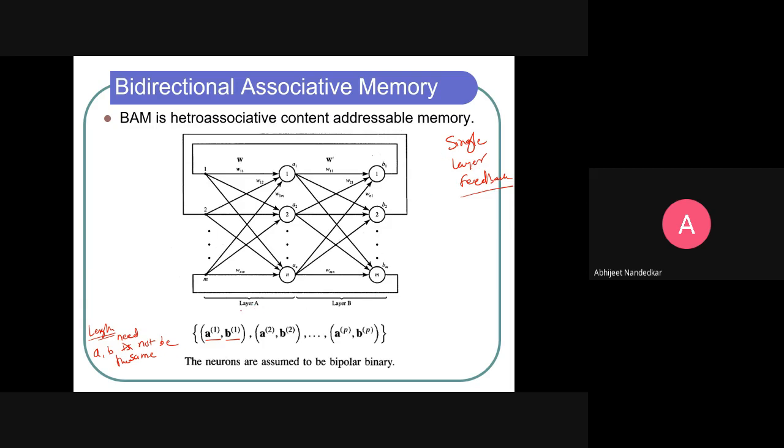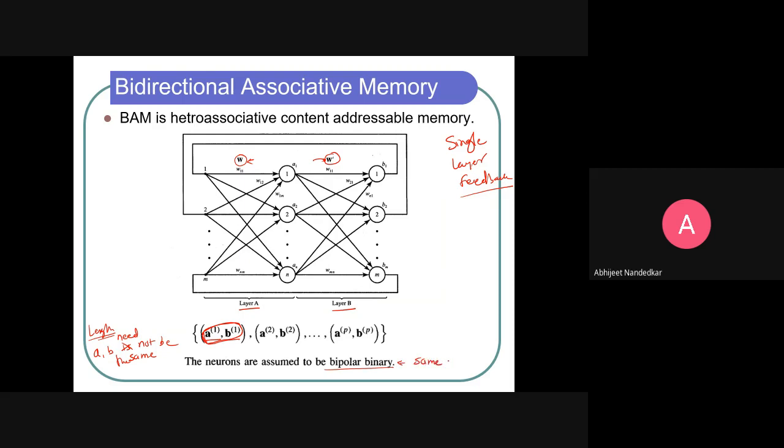You can see here this is layer A and layer B. Obviously there are two weight matrices associated with this. So this is W and its transpose, W transpose. So there are two matrices, and the important thing is the lengths of the two associated vectors are not the same. Again, neurons are assumed to be bipolar binary, same as Hopfield.